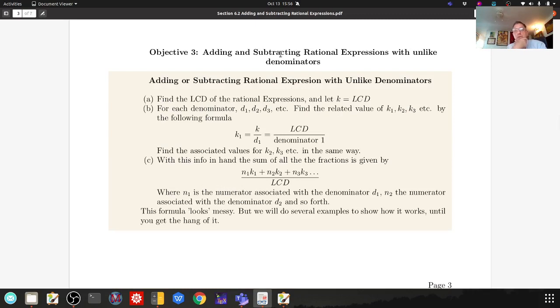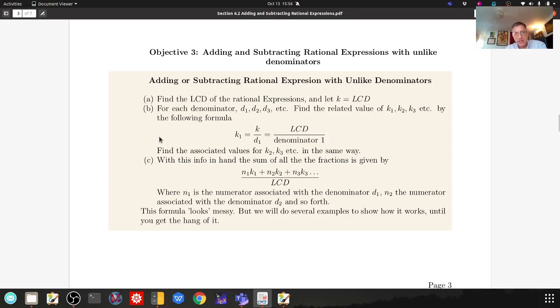So I have this really involved formula for adding or subtracting rational expressions. But before we do that, I want to show you something different. I'll show you one way, and this really works well.